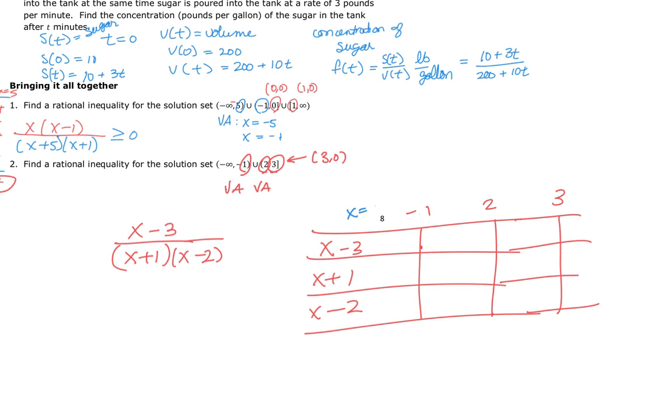Let's do -5: negative, negative, negative, negative region. I'm going to have a number in here. Let's choose x is equal to 0: negative, positive, negative, positive region. x is equal to 2.5: negative, positive, positive, negative region. x is equal to 5: positive, positive, positive, positive.